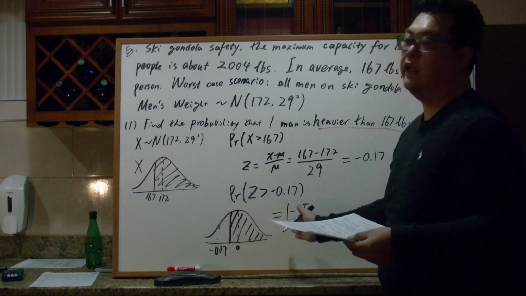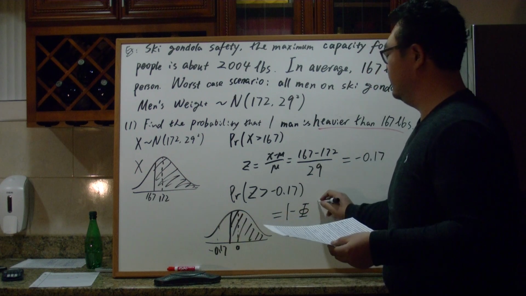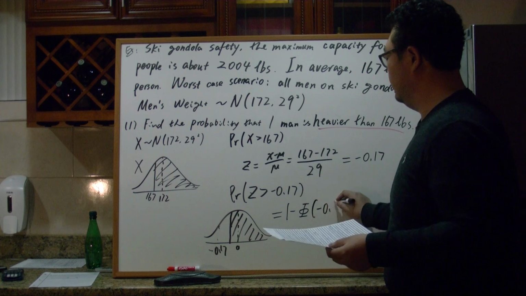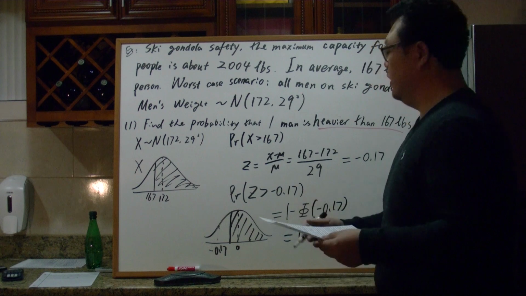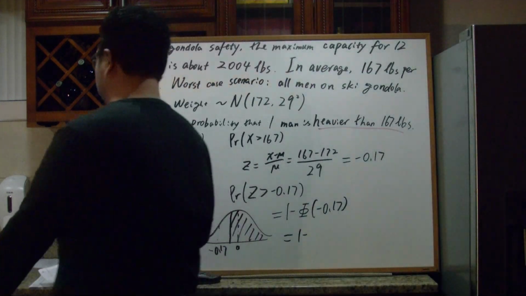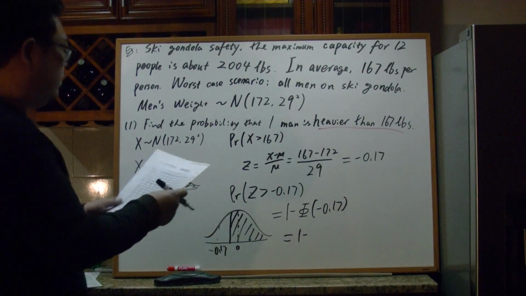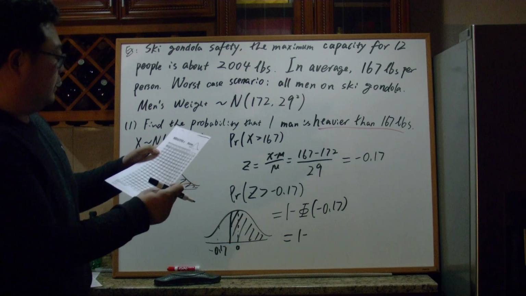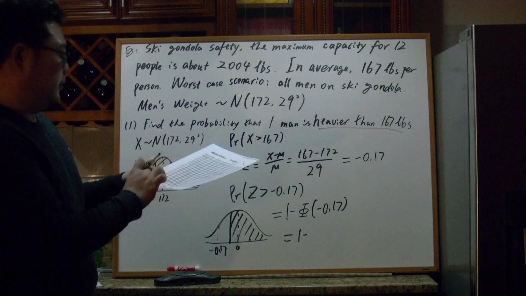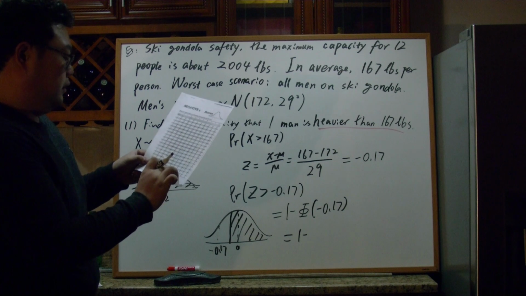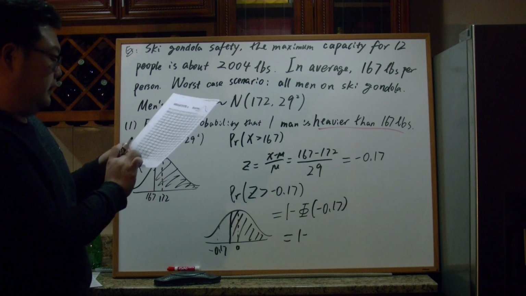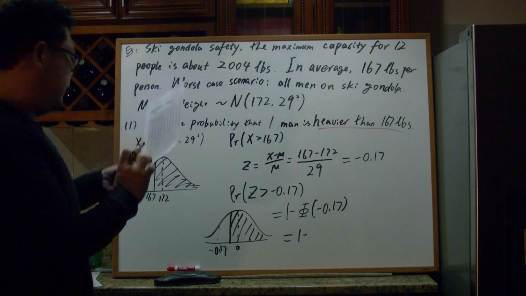Every time we're looking for the area to the right, we use 1 minus the phi of the z-score. Now we go to the negative z-score side, go to negative 0.1, almost at the bottom, 0.17, the third column from the right, which is 0.4325.